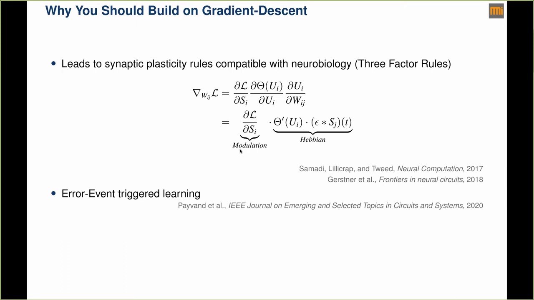And if you can represent this modulation term as spike events, which is pretty possible, you can imagine that there's another piece of network that's computing the error and transmitting these as spike trains to a given neuron. Then error is communicated or computed in an event-based fashion.